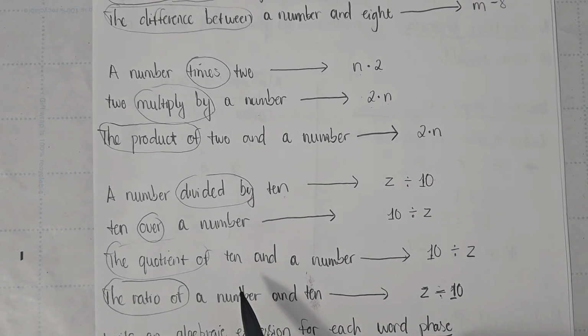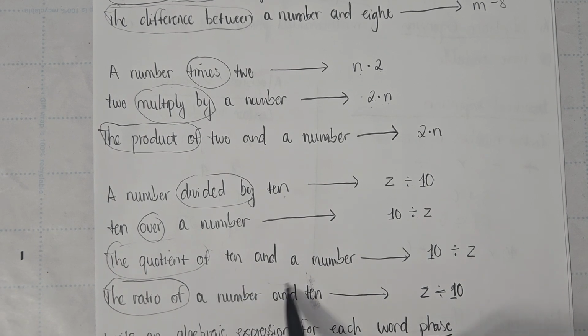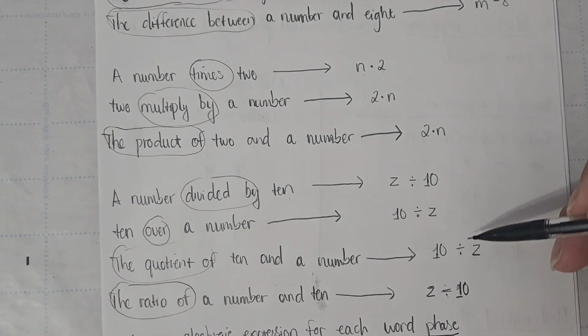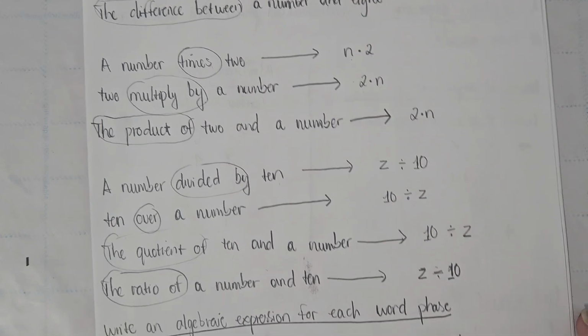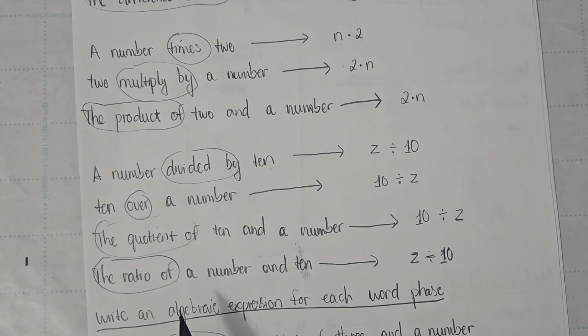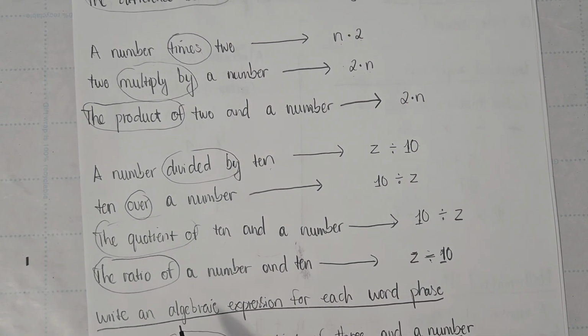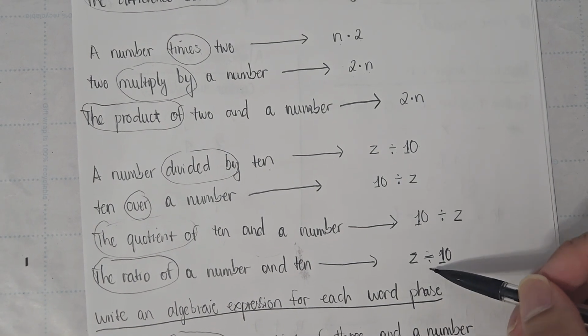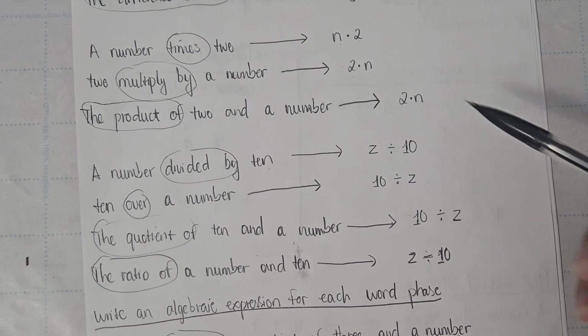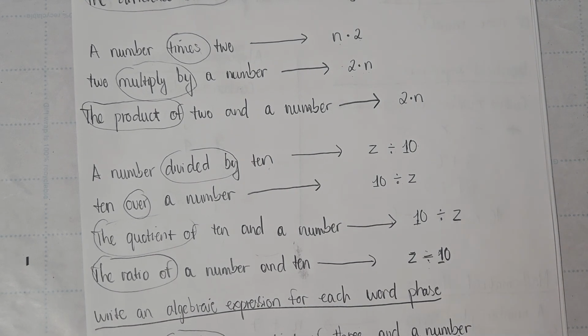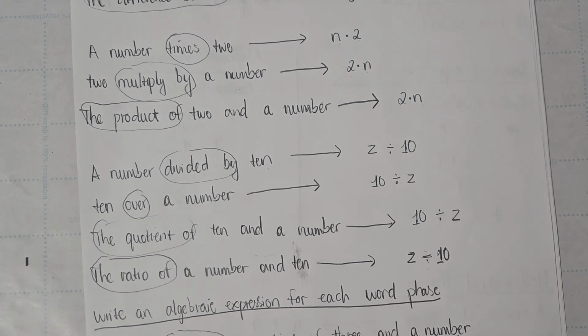The quotient of 10 and the number is 10 divided by z. The ratio of a number and 10 is z divided by 10. So divided by, over, the quotient of, the ratio of, it all just means division.